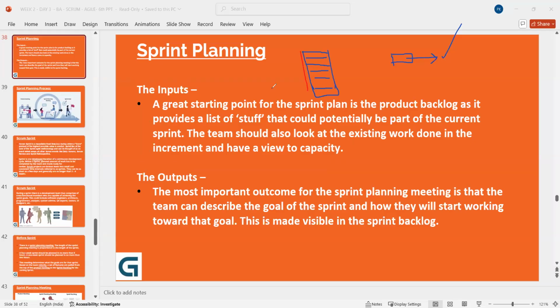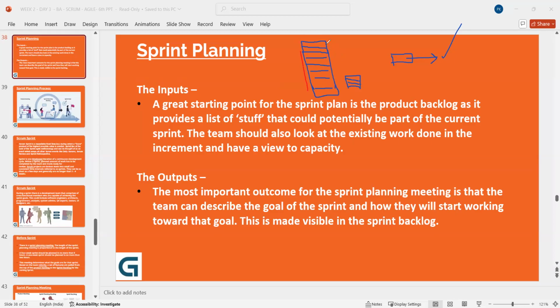That's why the order, though it is not mentioned here, but I had mentioned. But I'm saying that this is prioritized in order. And from this, now imagine this as big as possible. It is like the product backlog with so many items. And from that, every sprint, you take out this small sprint backlog, right?